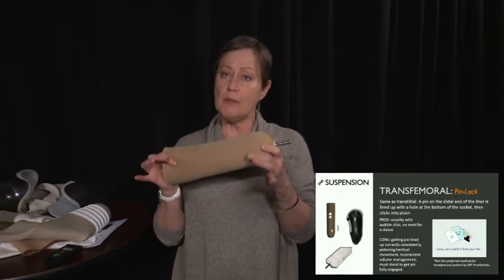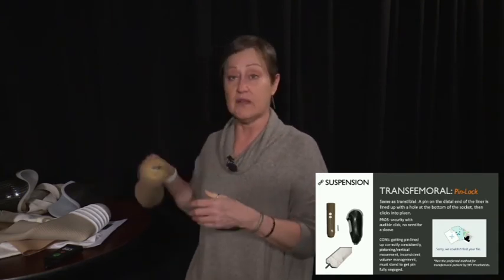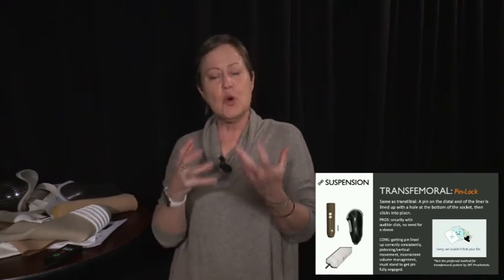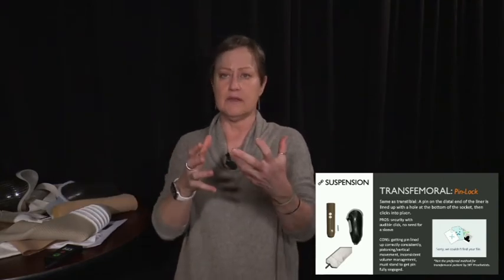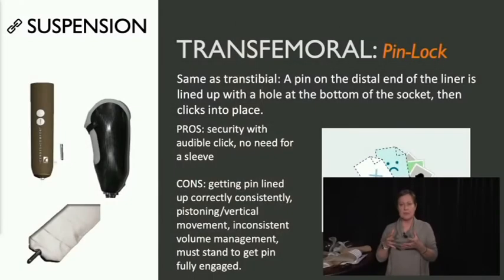So a drawback also for this system and for the lanyard is when you are seated, the limb is only partially on your leg. You'll slide the pin lock on and you'll get a click. You'll pull the lanyard through most of the way. Then you stand up, you get all of your body weight through the leg that goes all the way to the bottom of the socket where it's supposed to be.